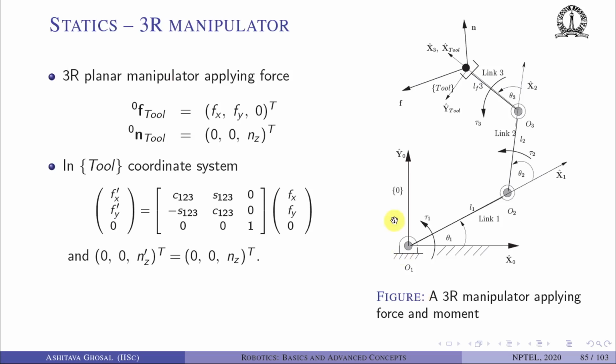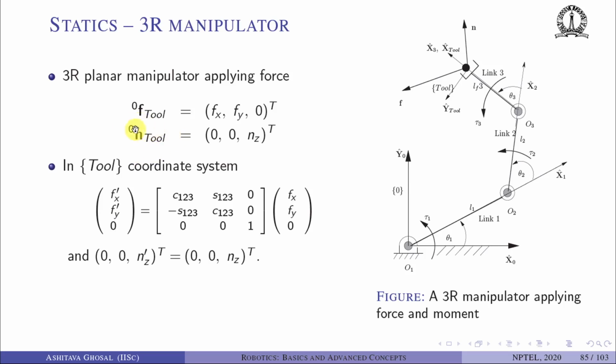Example. So let's consider a planar 3R manipulator applying a force to the environment. So the force is Fx, Fy, 0 and it is with respect to the 0th coordinate system. So somehow we have figured out that this planar 3R manipulator is applying a force with components Fx, Fy, 0, because it's a planar example, and it is with respect to the 0th coordinate system.